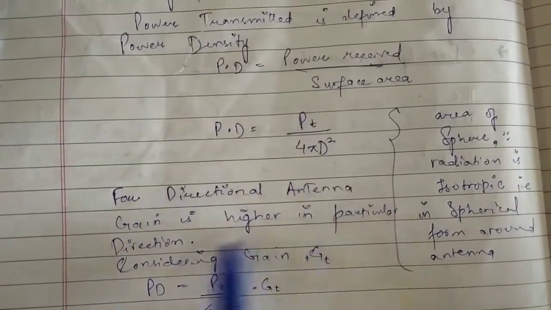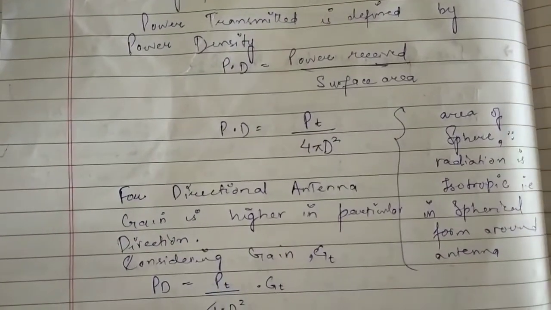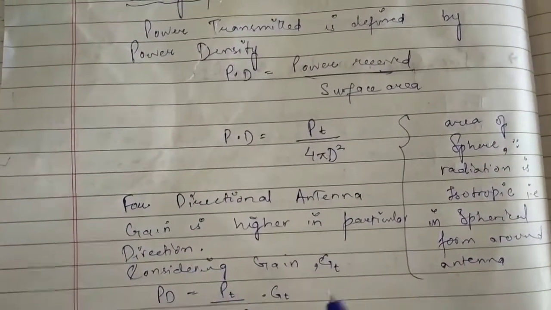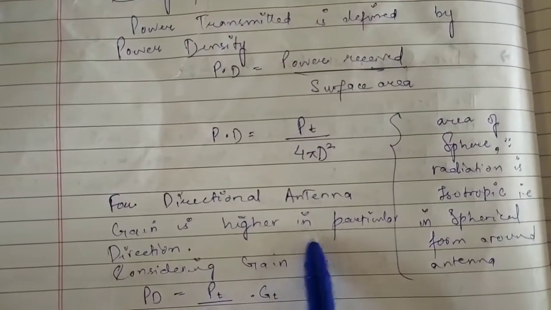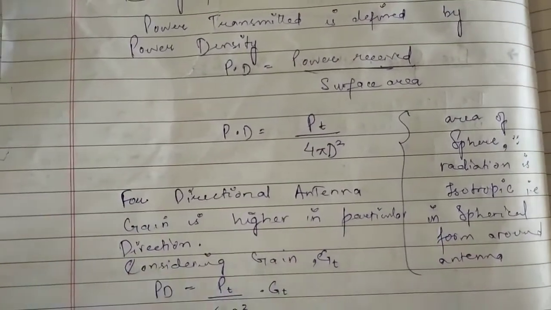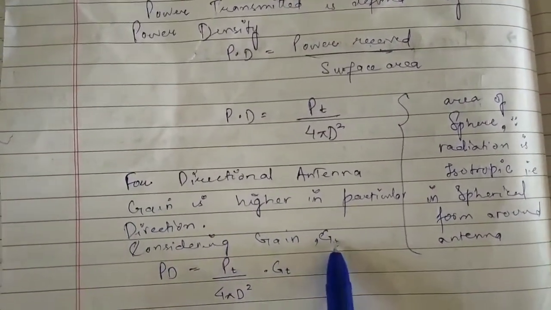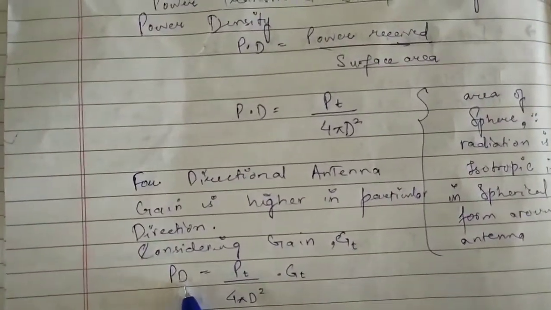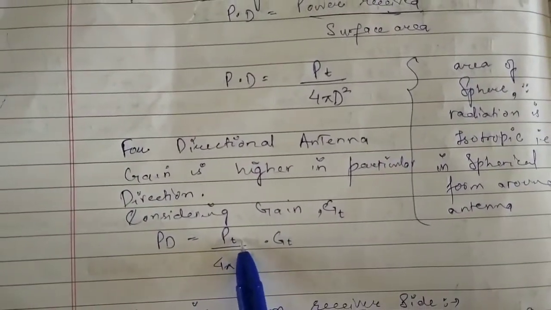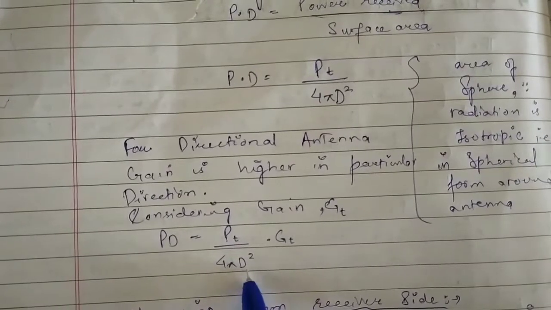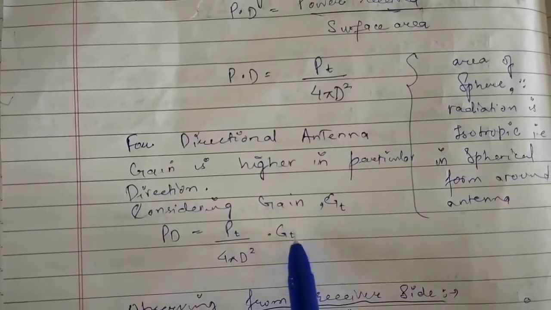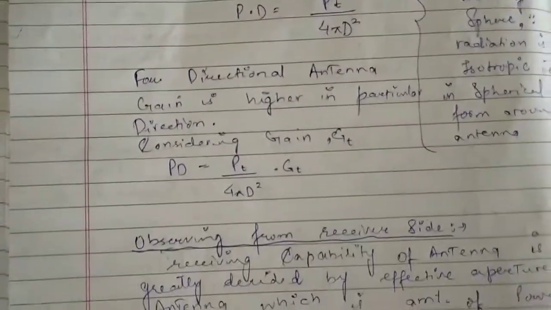Because the radiation is isotropic, it is in a spherical form around the antenna. For a directional antenna, that is, an antenna which radiates in a particular direction, gain is higher in that direction. Considering gain GT, we define power density as PT divided by 4 pi d square, multiplied by the gain of the transmitting antenna GT.